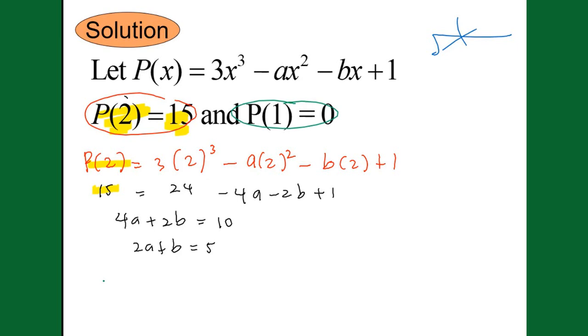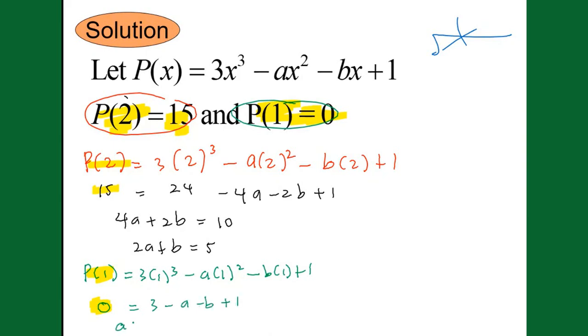Take P of 1. Substitute 1 squared minus 1 plus 1. Since P of 1 is equal to 0, kita letak kat sini lah, senang. Kita tally 0, 3 minus A minus B plus 1. Bring to one side, A plus B is equal to 4. This is equation 2.